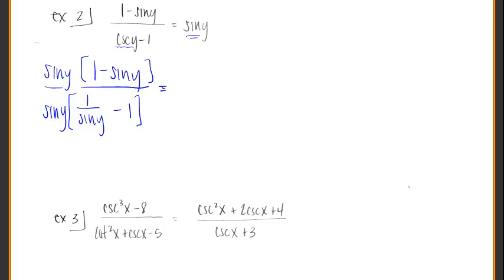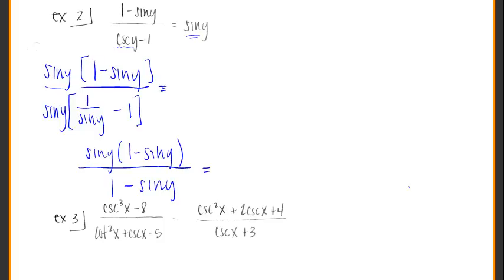So going across the top, I'm not going to pull in that sine y up there on the top. I'm just going to leave it as sine y times 1 minus sine y. And then down here in the bottom, if I multiply sine y times 1 over sine y, you just get 1. Sine y times a negative 1 is a minus sine y.